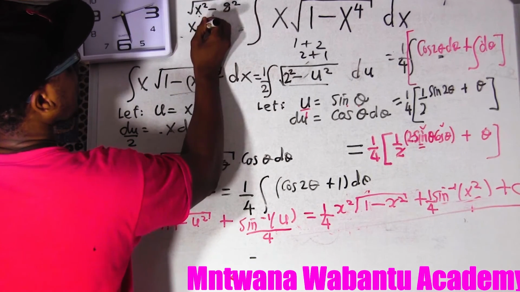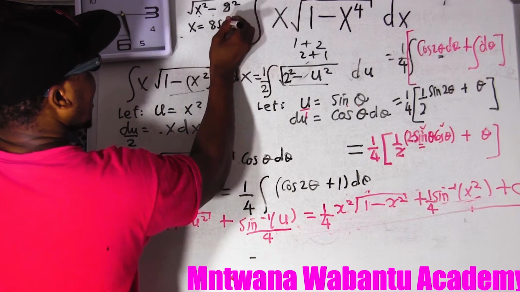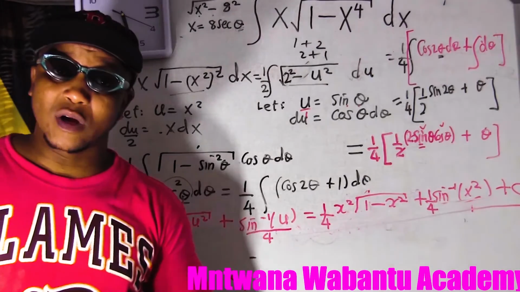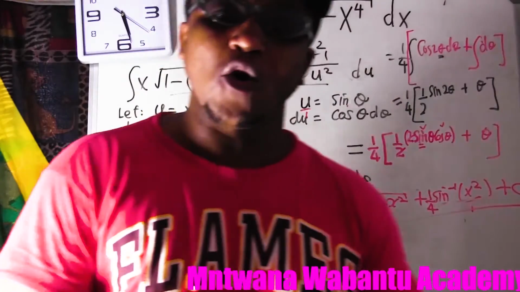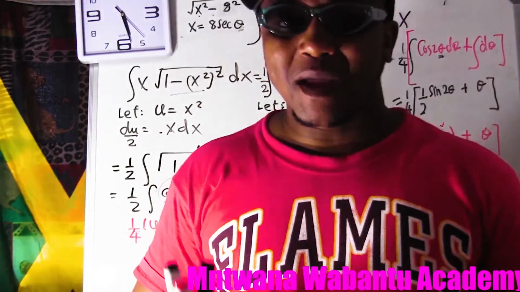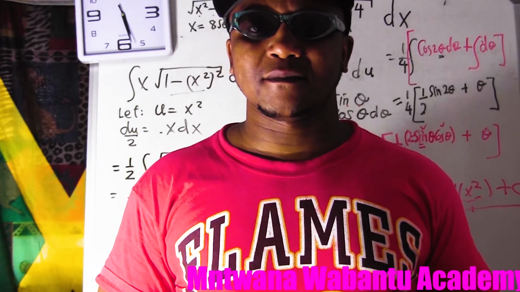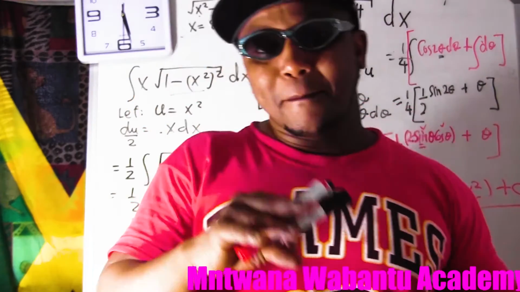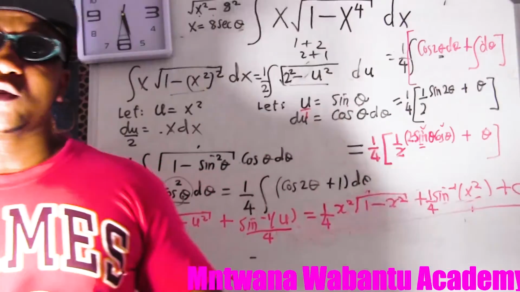I'm going to say x equal to 8 sec of the angle, and then you continue: you differentiate and do your question. So this is how you solve this question. It's easy actually. All you need to do is remember your trig substitution: variable squared minus number squared is sec. Just easy like this.